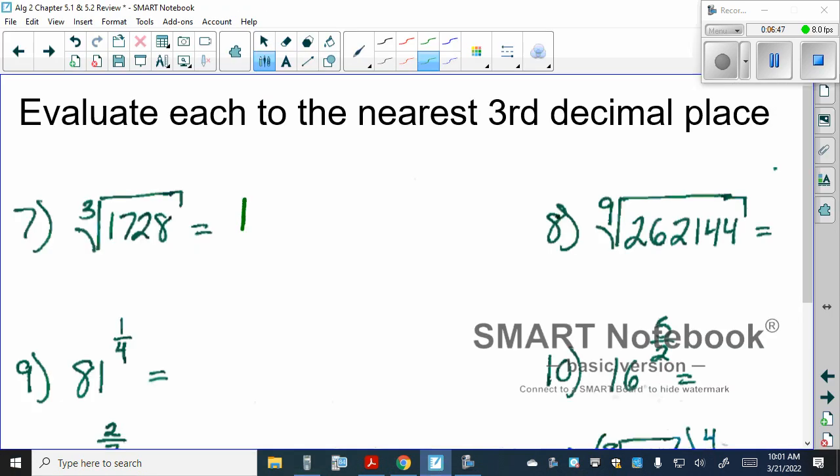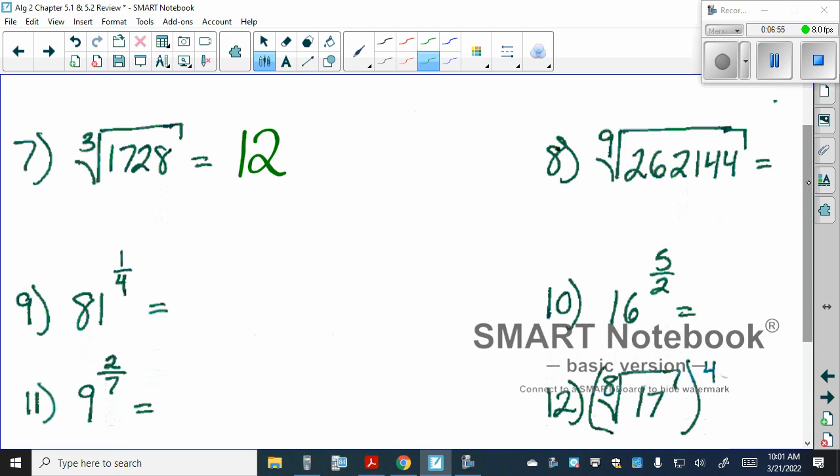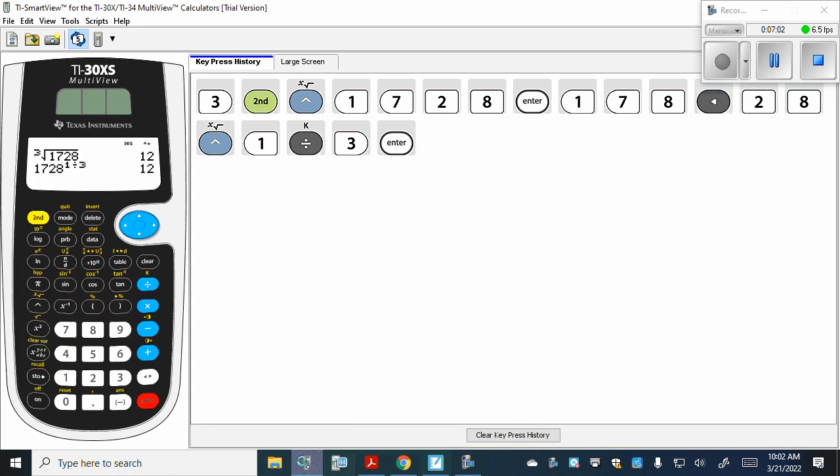So for us here, number 7 is 12. Next, we're going to take the 9th root of 262,144.